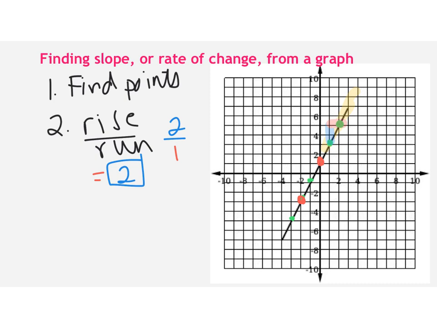So my rise in this case would be up 1, 2, 3, 4. My run would be 2. So I would have 4 divided by 2. And if I simplify that fraction, 4 divided by 2 still gets me to a reduced slope of 2. So no matter which 2 points you choose, you should come to that final conclusion of 2.